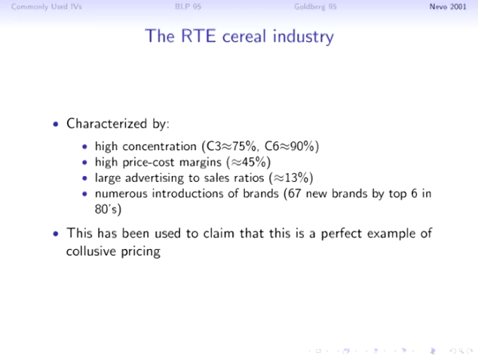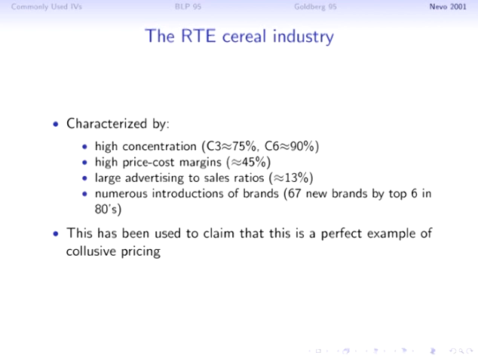Okay, so cereal. You have the unfortunate case where I actually know more about cereal than about cars, so I'm going to bore you with a whole bunch of facts just because I had them handy. Anyway, cereal is characterized, at least at the time, as a fairly highly concentrated industry. The top 6 firms had about 60%. By the way, since then it's about the top 4, so there've been a couple of mergers.